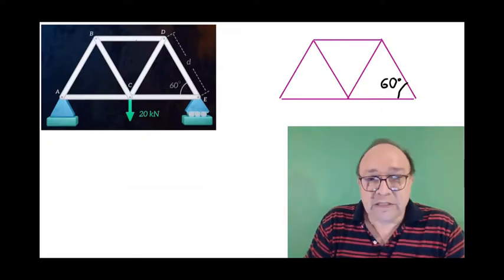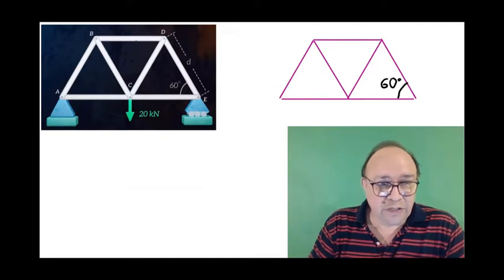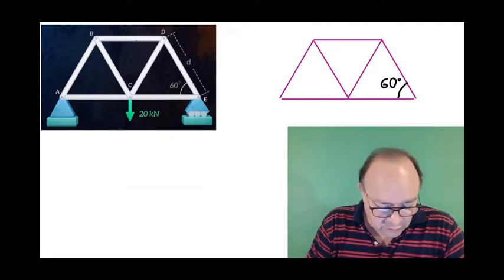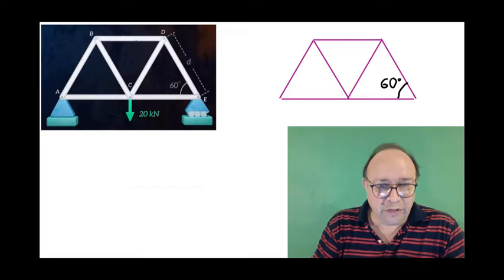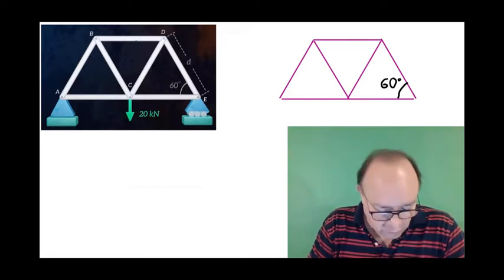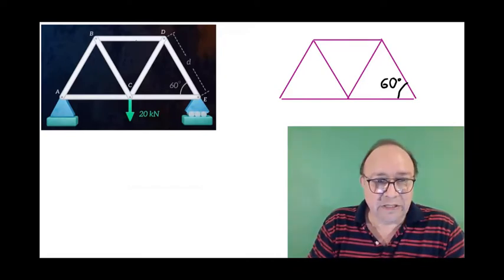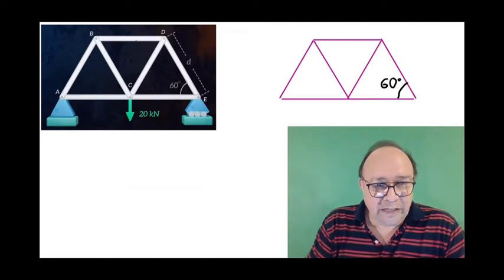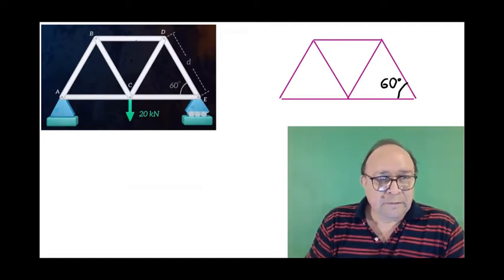A truss, as he said, is a structure made of elements that are connected at the joints, and they don't hold any loads in the middle of the length. All the loads that are applied to these elements are applied at the ends of the elements.